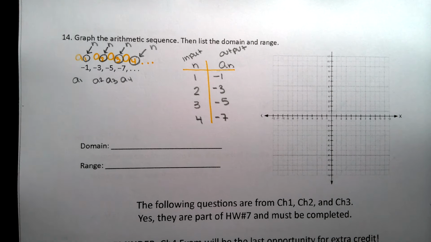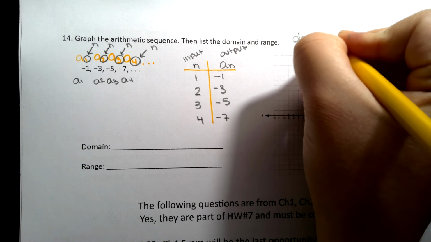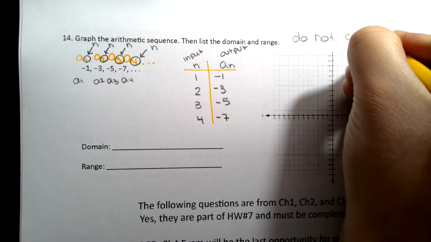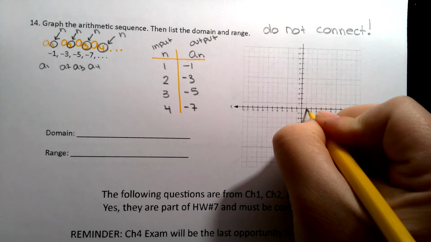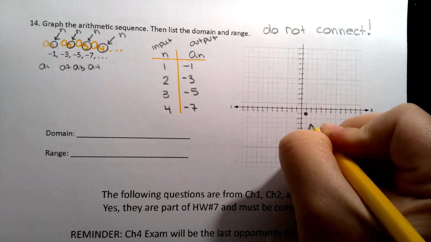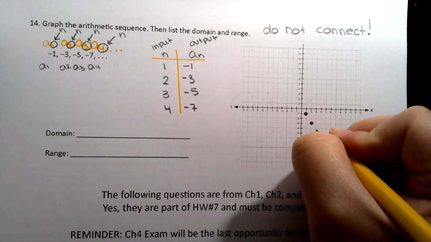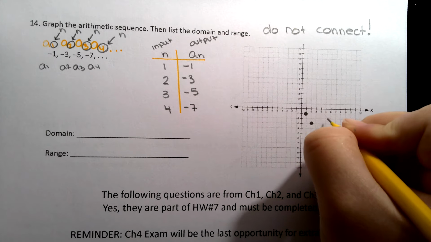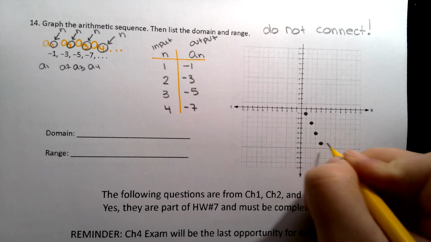Now, these are discrete graphs, so do not connect. So we are going to have 1 and -1, 2 and -3, 3 and -5, 4 and -7. Again, do not connect these.